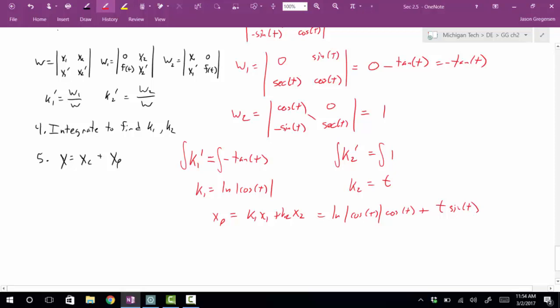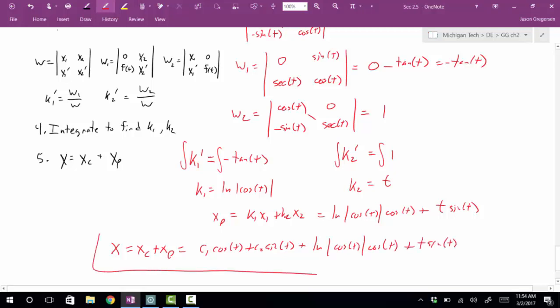That's x sub p. What's our general solution? It's x sub c plus x sub p. It's c1 cosine of t, plus c2 sine of t, plus the natural log of the absolute value of cosine of t times cosine of t, plus t sine of t. There's our solution.